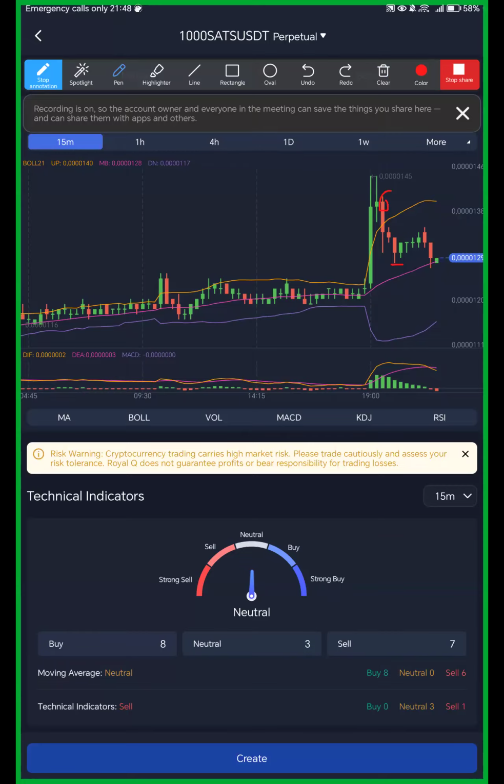Can you see? Before it started to go up, from this movement to this movement, I'm out, because I'm only looking for 1%. I don't want 2, I don't want 3. I only want 1.